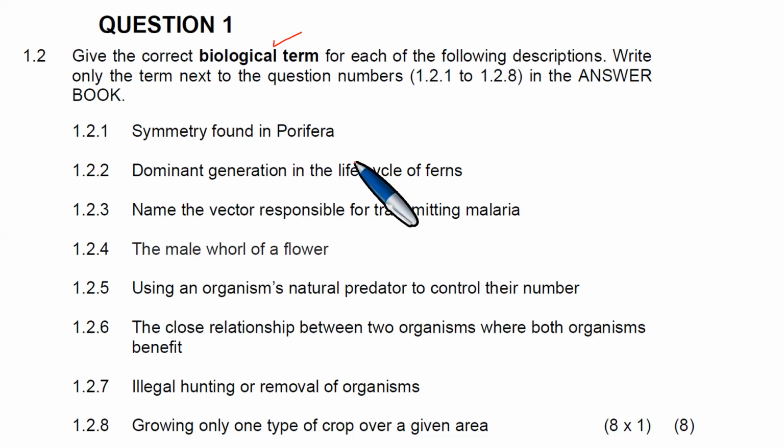Okay, it's obvious. I know that you know this. The symmetry that is found in porifera is actually called asymmetry.